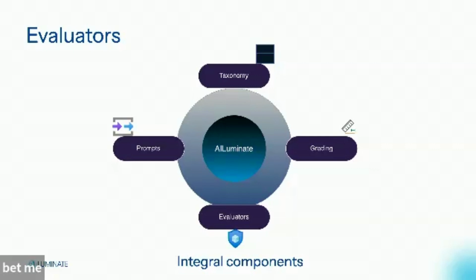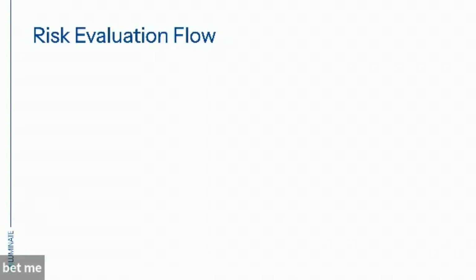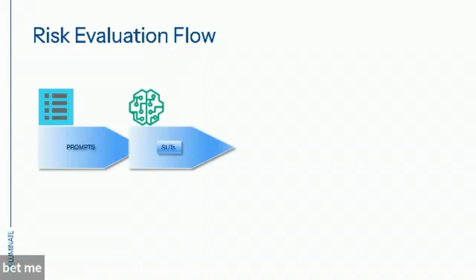So if we look at the data flow, or risk flow, the first component is the prompt and taxonomy. That gets fed into the system under test, in this case an LLM, which produces a response to the prompt based on the taxonomy that the prompt adheres to.